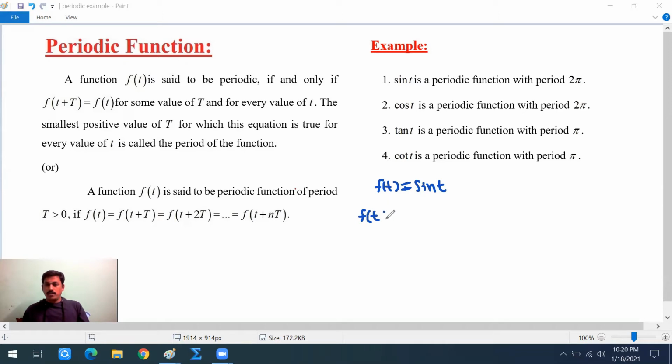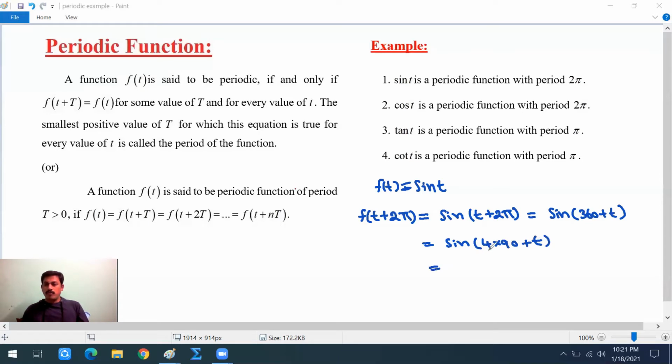If you change this t by t plus 2 pi, then we can write this function as sine of t plus 2 pi. So 2 pi is nothing but 360. So we can write this as sine of 360 plus t. 360 can be written as sine of 4 into 90 plus t.